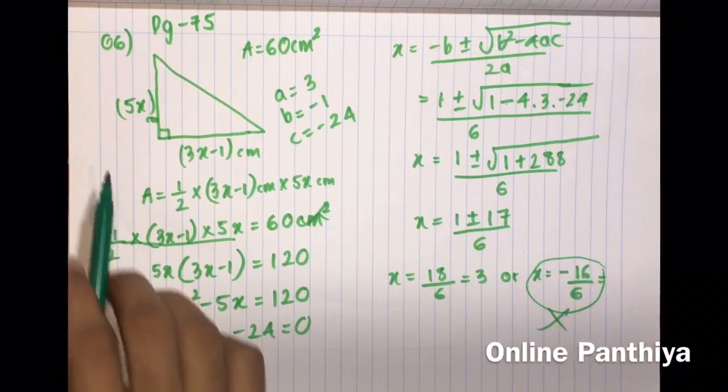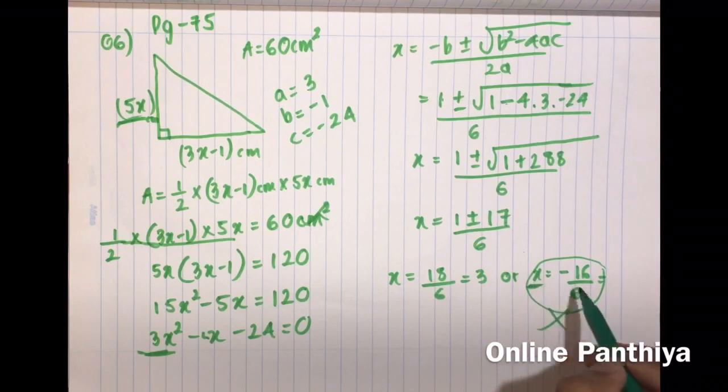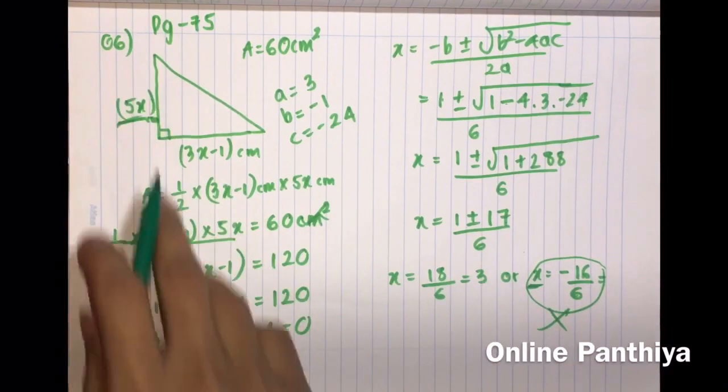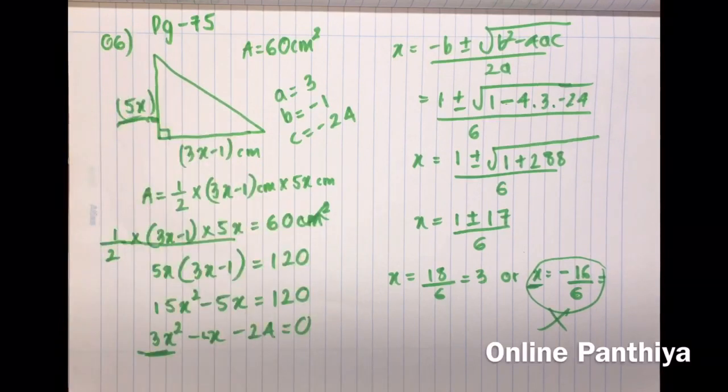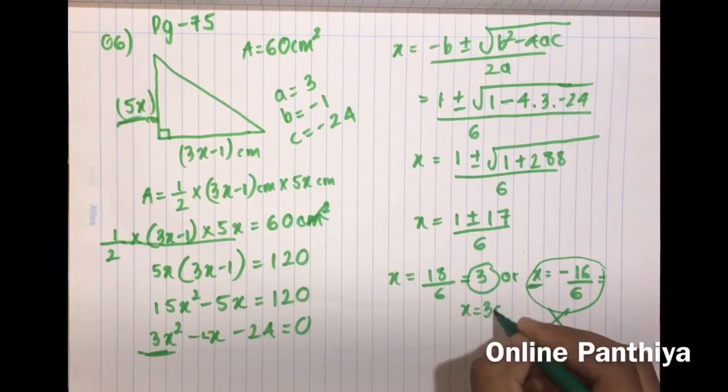Why? Because here you have a length called 5x, right? If you get a value in minus for x, when you multiply, this will become minus. Can a length be in minus? Can't. Can never happen. So therefore you can ignore this part and take this part. x is equal to 3 centimeters.